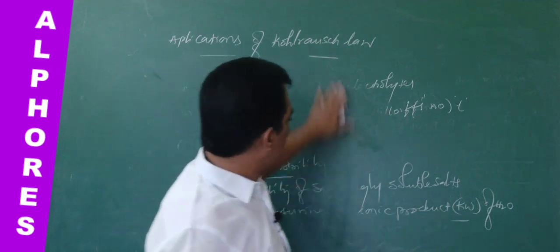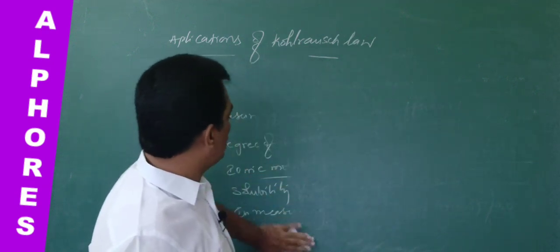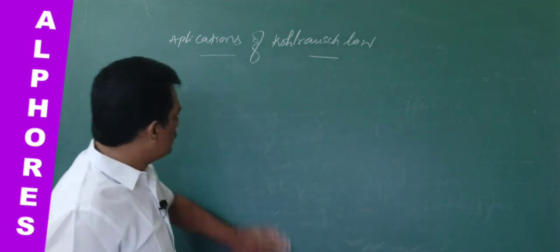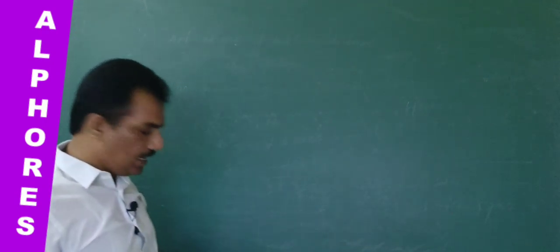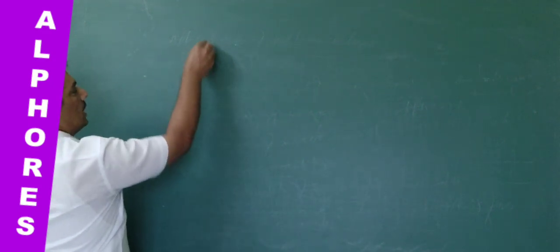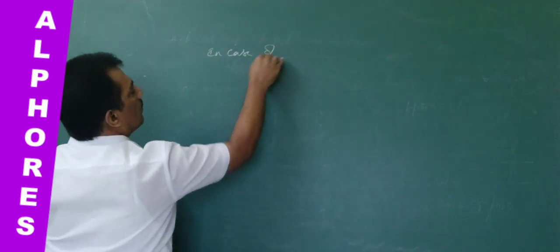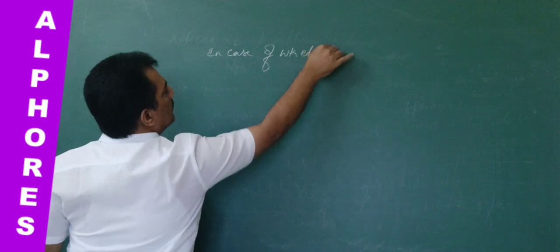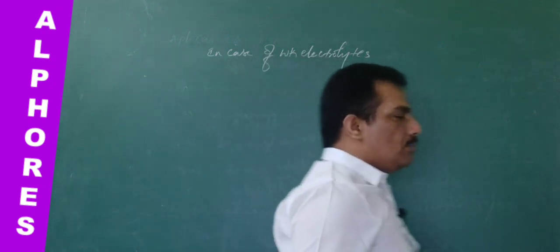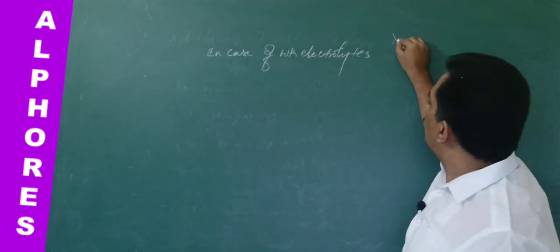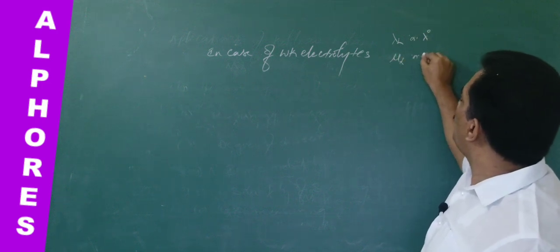Now, when Kohlrausch law is applicable for all types of electrolytes, why are we discussing separately that it is useful in measuring the conductances of weak electrolytes, under a separate heading? Simply because in case of weak electrolytes, practically we can't measure lambda infinite or lambda naught, or mu infinite or mu naught.